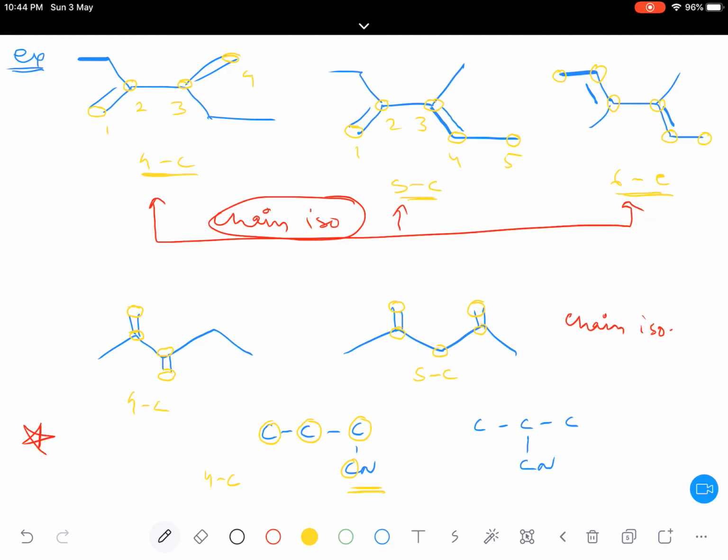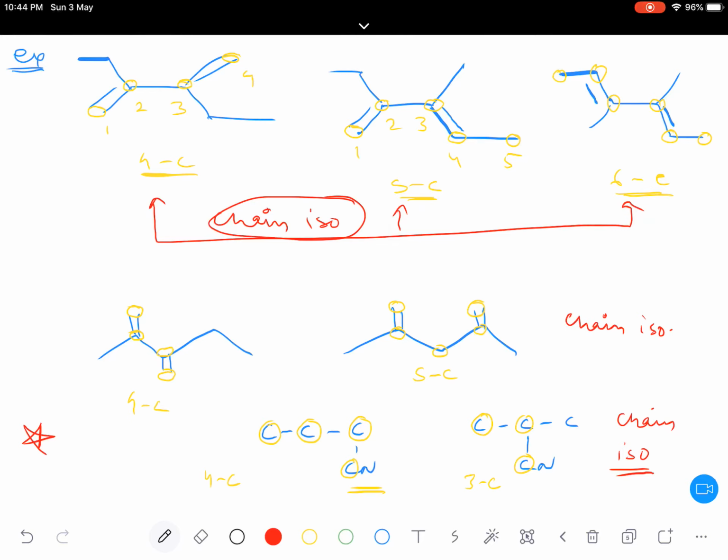So this carbon will be part of the chain, 4 carbon, while here 1, 2, 3, a 3 carbon parent chain. So never write it as position isomer. This will also be considered as chain isomers. Is that clear? Any confusion, any doubt?